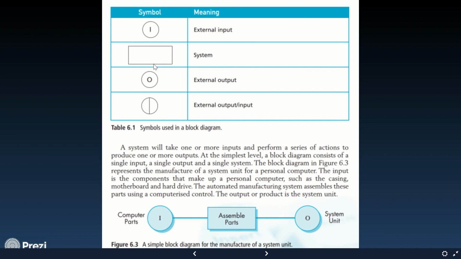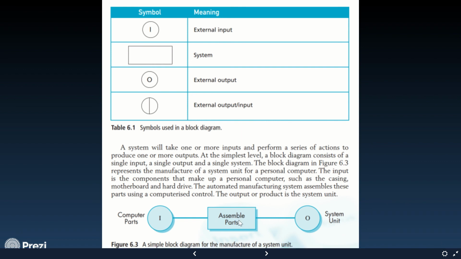And then you have what's happening, which is the process. Now, it's a square, not a circle like in a context diagram or a data flow diagram. This is just like an external entity in a context diagram or data flow diagram, except now it's going to be in the middle, and you can see down the bottom here where I'm moving my mouse.